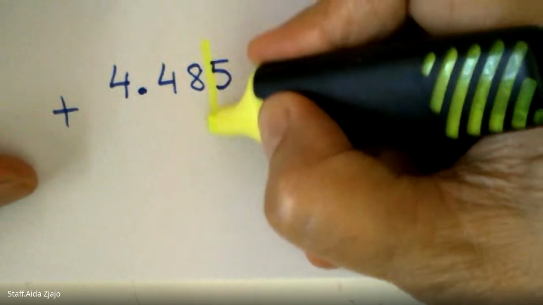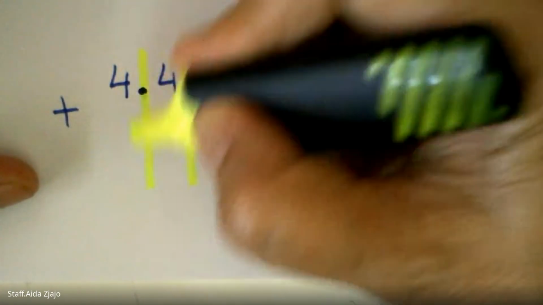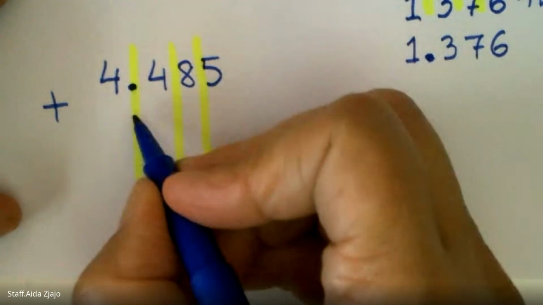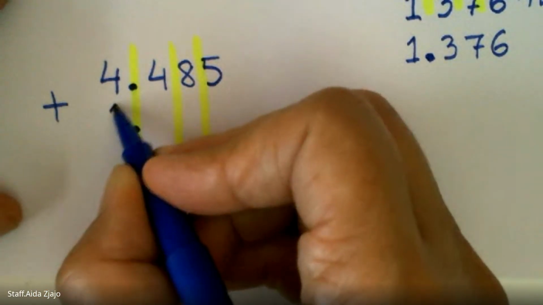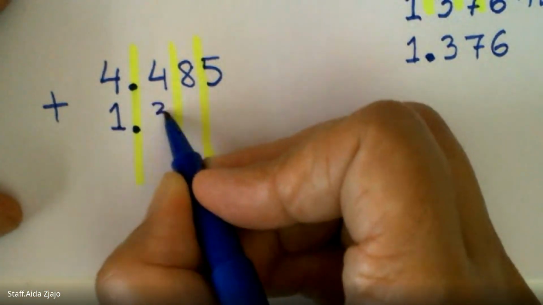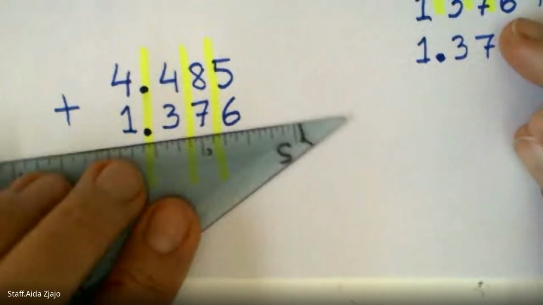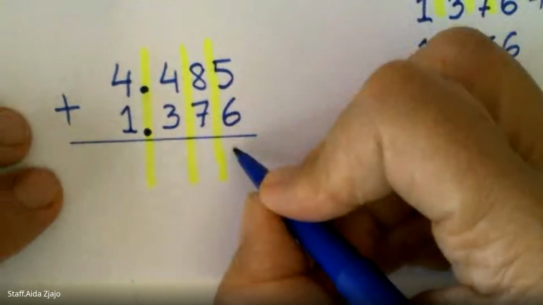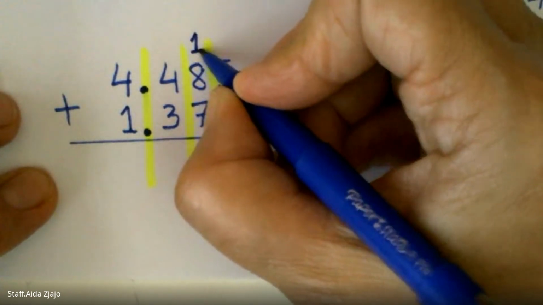So let's make the lines so you can add. When you add or subtract decimals, your decimal has to be in line. So 1 whole 376 thousandths. We can add the thousandths, that's 11. We can make hundredths.